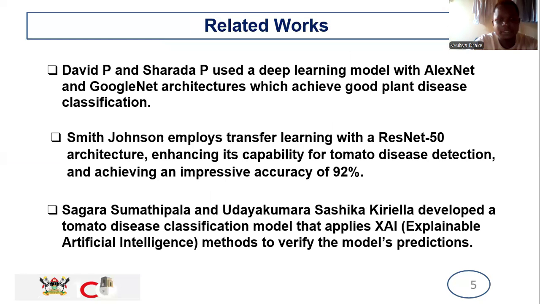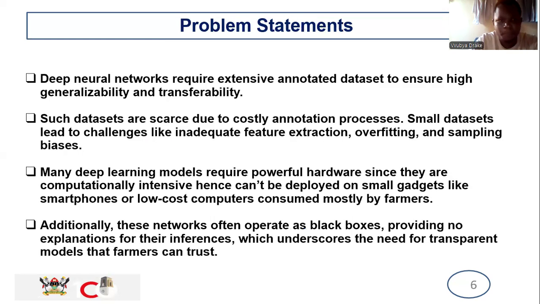Then Smith Johnson also employed transfer learning with ResNet 50 architecture, enhancing its capability for tomato disease detection and achieving an impressive accuracy of 92%. Then also Sagara used explainable artificial intelligence methods to verify the model's predictions.